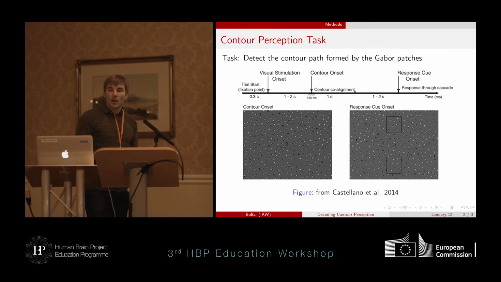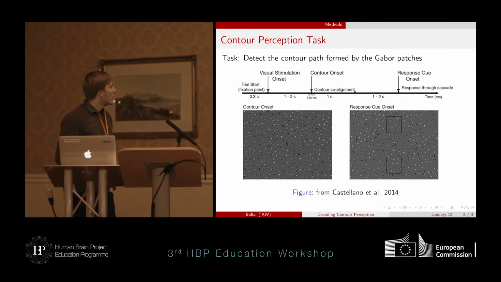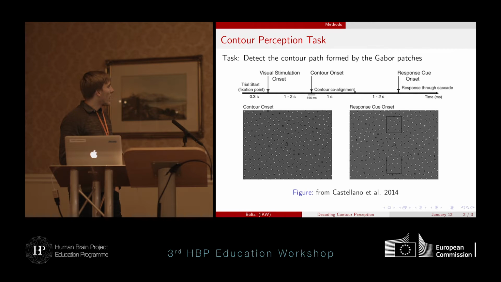And then there was some data we got from subjects that were performing this contour perception task. And in this task there was a big set of small Gabor patches that have a certain orientation. And they were moving randomly, their orientation. And from time to time there was a path evolving from those Gabors, like a contour path.